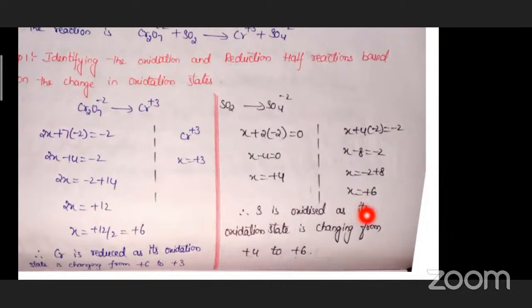You have to make a note that whenever you are writing the oxidation states, you have to compulsorily mention the sign, whether it is plus or minus. Don't simply write the number. We have to compulsorily mention the sign, whether it is +4 or +6 or +1 or whatever it is. So the change is from +4 to +6. That means it is increasing. So increase in oxidation number is called oxidation. So this is our oxidation half reaction.